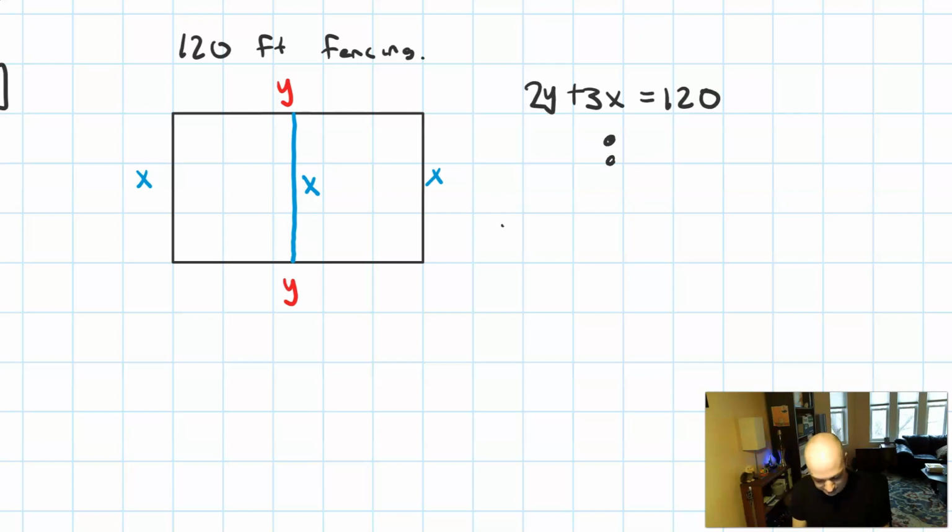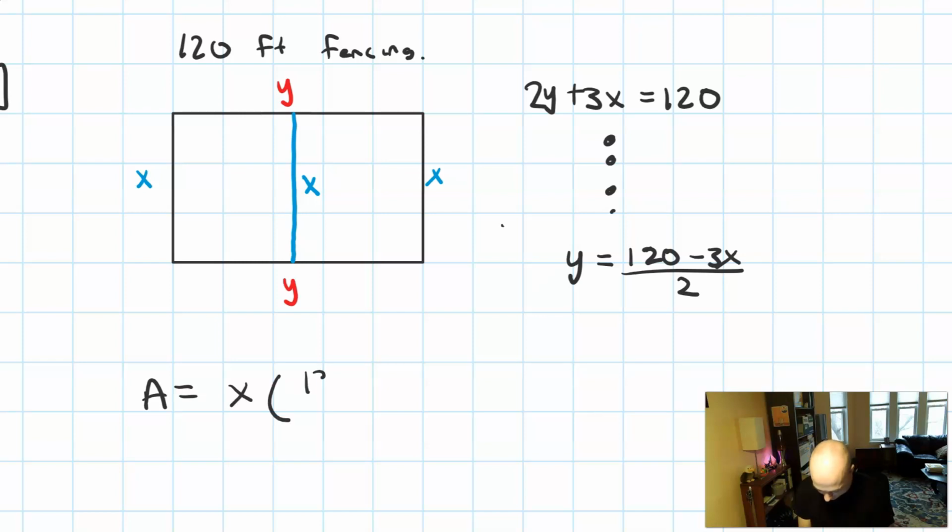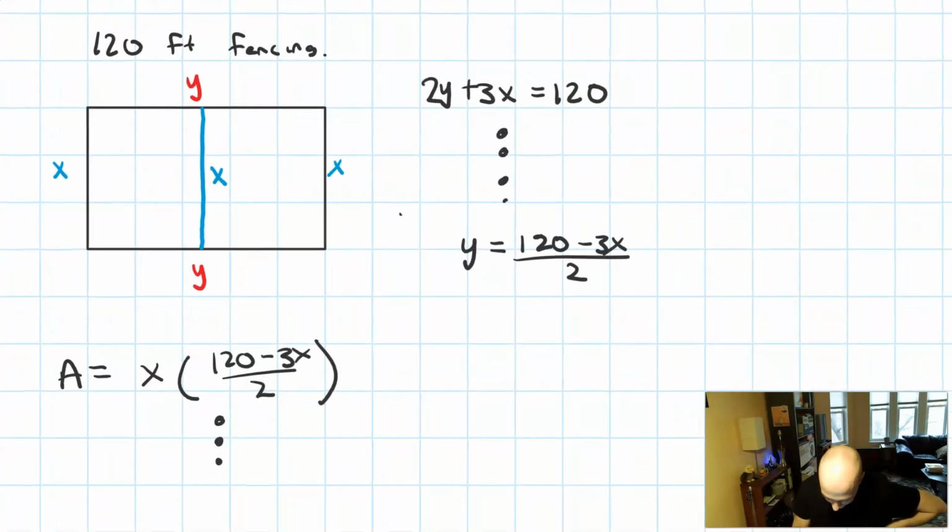And then you could still solve as normal, and you'd end up with y equals 120 minus 3x over 2, and then your area would be x times 120 minus 3x over 2. And you solve this.